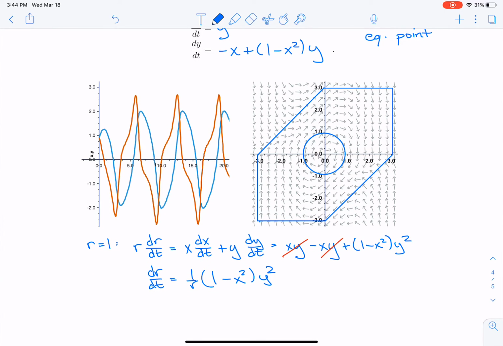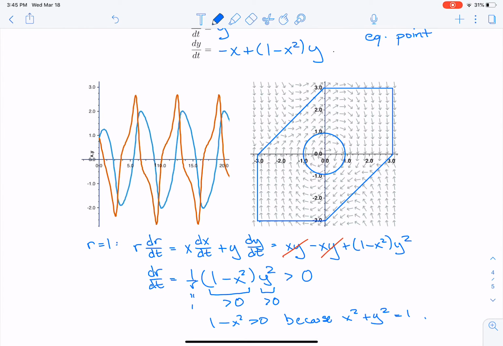Now, when r is equal to 1, I'm going to claim that that is positive. We can see that because y squared is positive, 1/r is equal to 1, and 1 minus x squared is also positive. And that's because x squared plus y squared in this case is equal to 1.